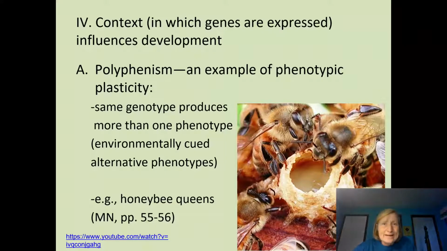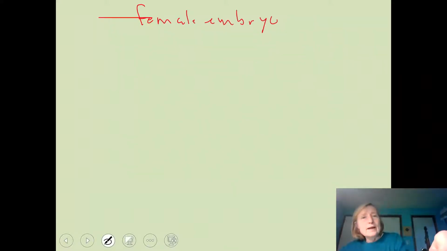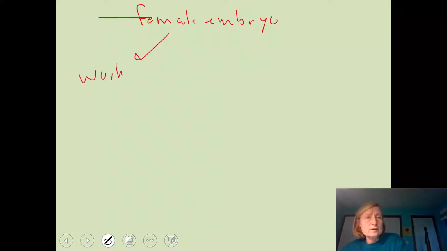Okay. But the question is, who becomes the queen, right? Who becomes the queen? We've got a female embryo. And sometimes that female embryo can develop into a worker.